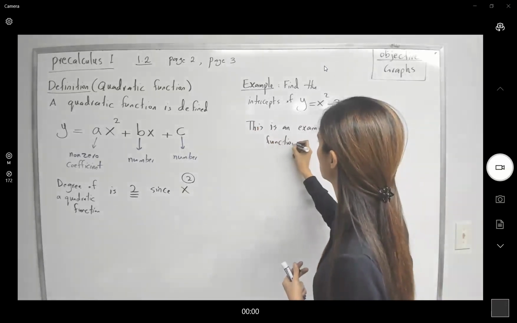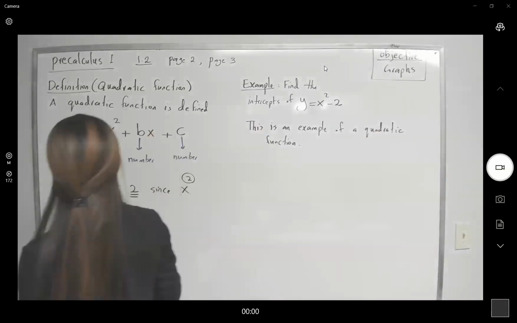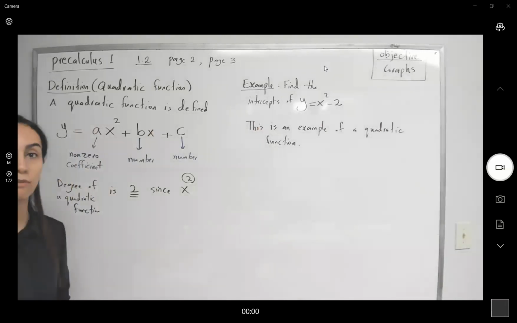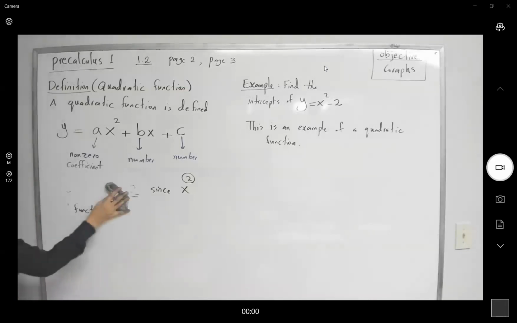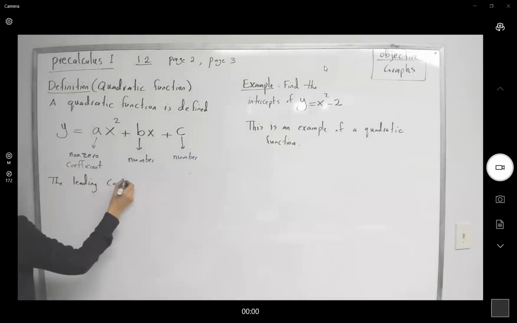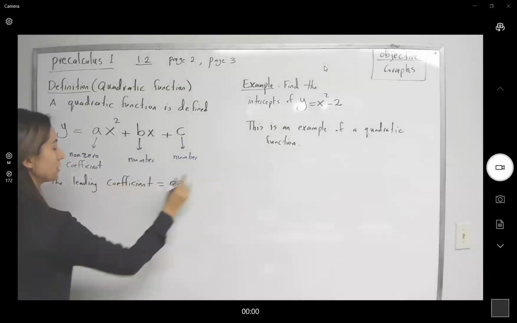Well, what is important about a quadratic function? It's important to know that here this non-zero coefficient is called the leading coefficient, and the behavior of the graph depends on a. The leading coefficient is a.